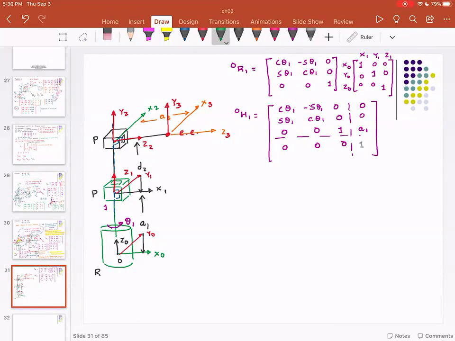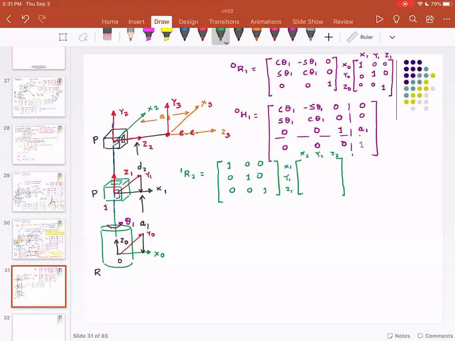Now let's look at the second case, which is 1R2. Please note 1R2 is a prismatic joint. So since it's a prismatic joint, you're going to have 1, 0, 0, 0, 1, 0, 0, 0, 1. But don't forget the projections. Projections are here to stay: x1, y1, z1, x2, y2, z2.